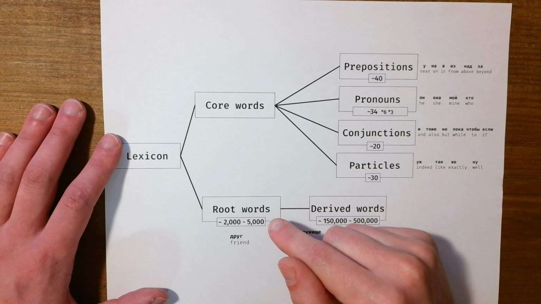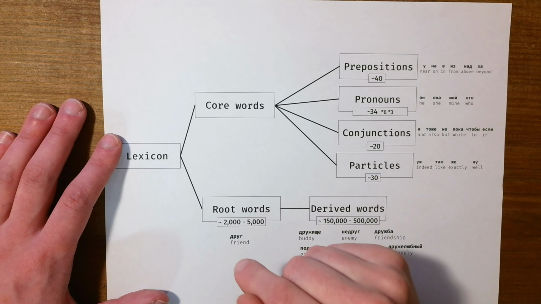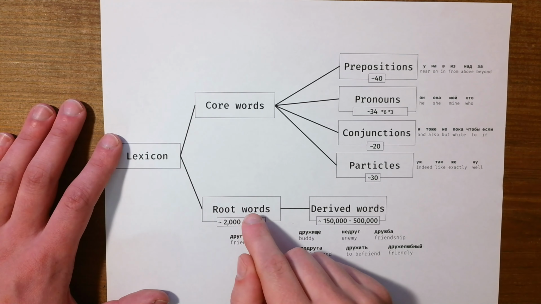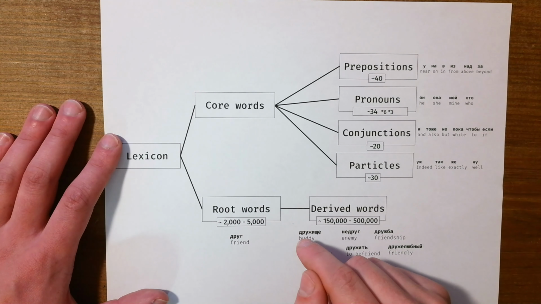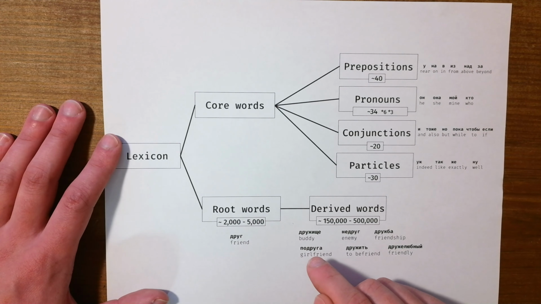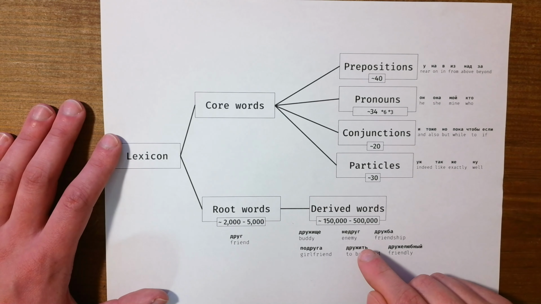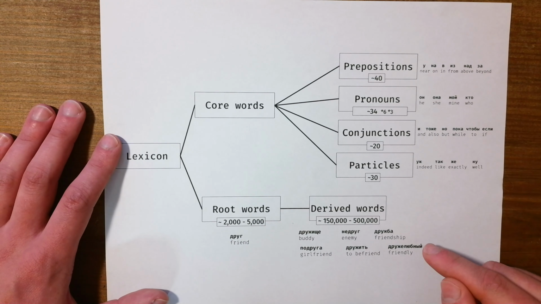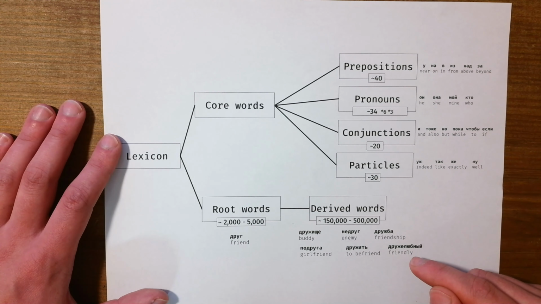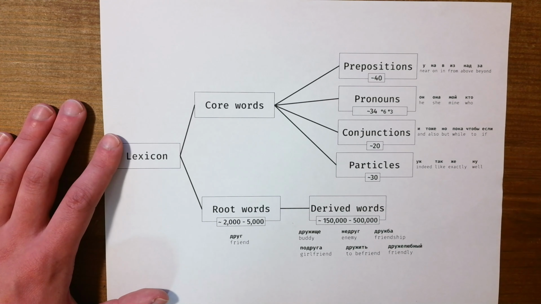So we have root words, for example, друг, friend. And then we have derived words, for example, дружище, buddy, подруга, girlfriend, недруг, enemy, дружить, to be friends, дружба, friendship, дружелюбный, friendly.